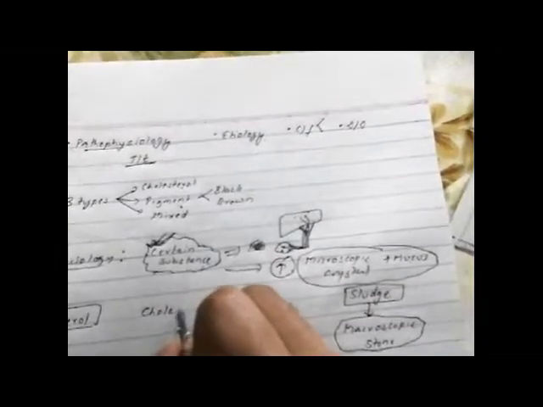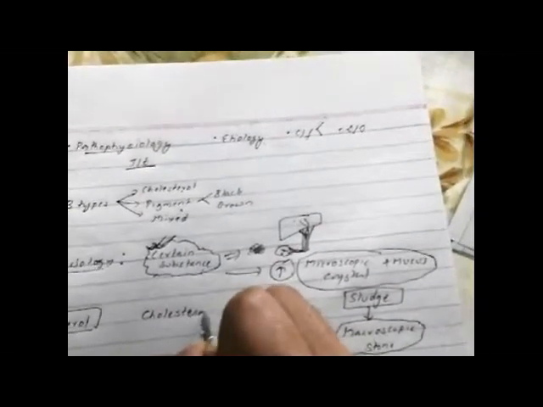Okay, now first of all, talking about the cholesterol stone. In the liver, cholesterol is secreted from the canaliculi and goes into the bile to be excreted.